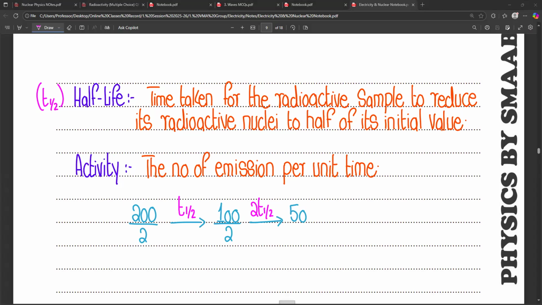for half-life we have many MCQs that will help you to practice the concept of half-life. Half-life is just to convert into half of the original value.